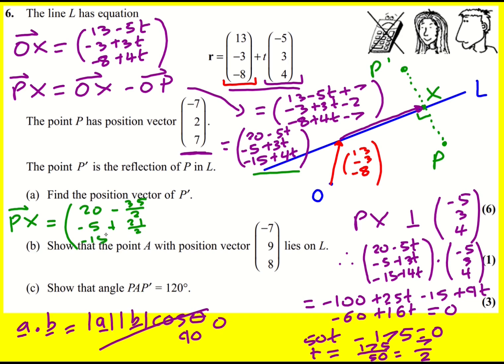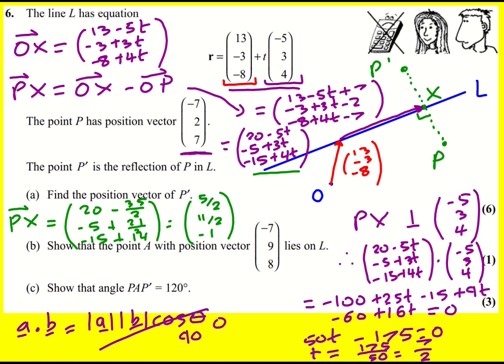And minus 15 plus 14. This is 40 over 2 minus 35 over 2, so I'm going to get 5 over 2. This is minus 10 over 2 plus 21 over 2, so I'm going to get 11 over 2. And then minus 15 plus 14 is minus 1.